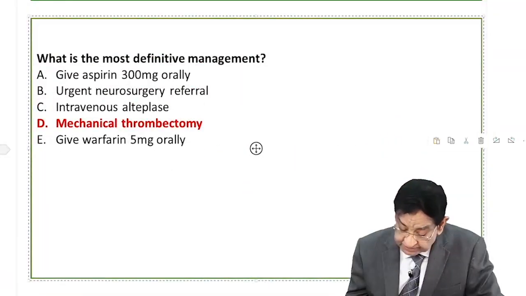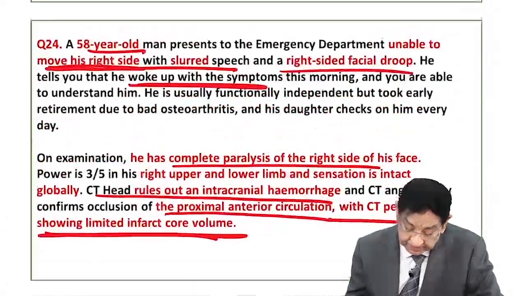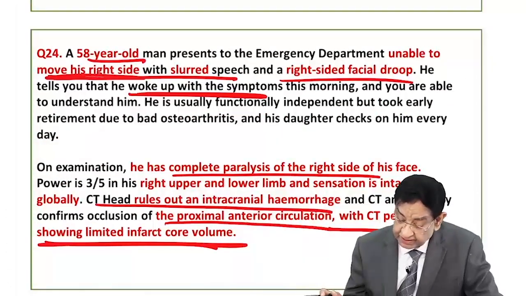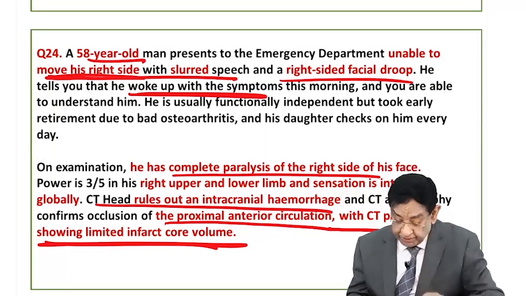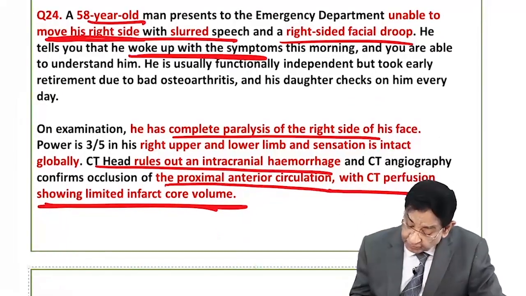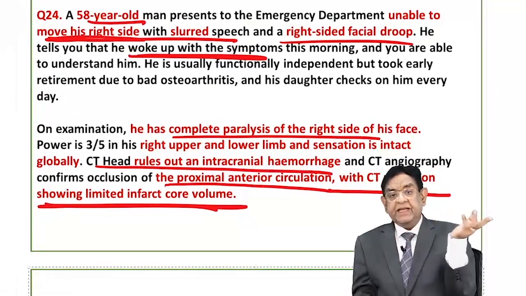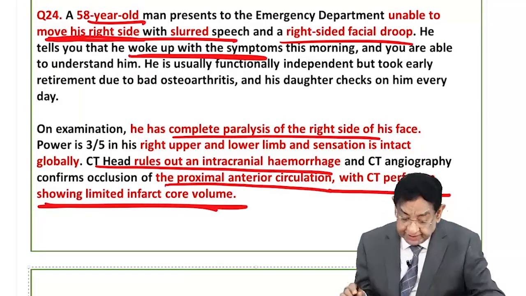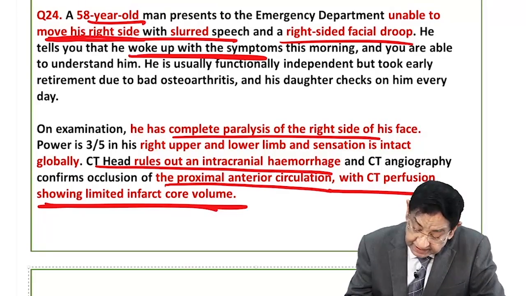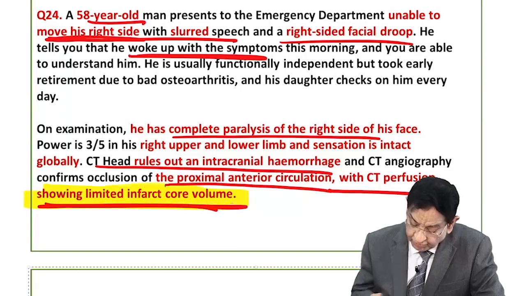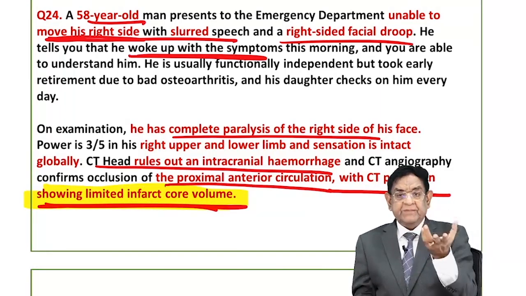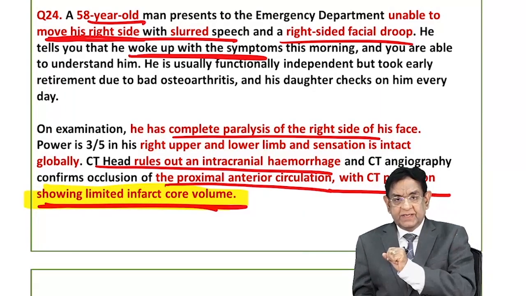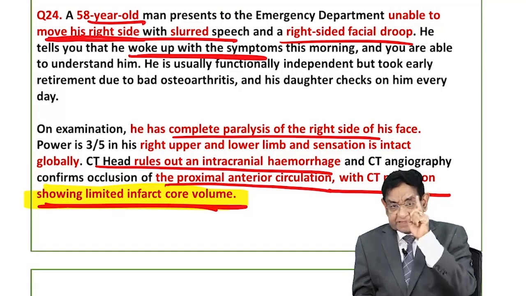So again, the patient has come to us with ischemia. How do you know? CT scan has ruled out hemorrhage, and CT perfusion is showing limited infarct core volume. That means we still have brain area that we can salvage.